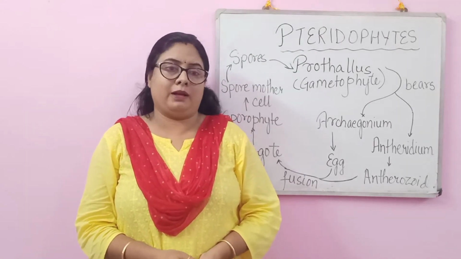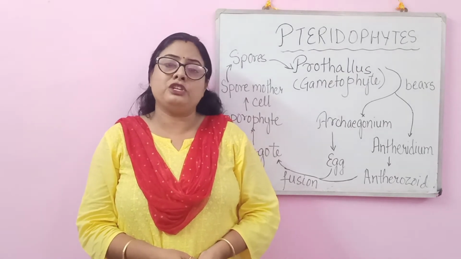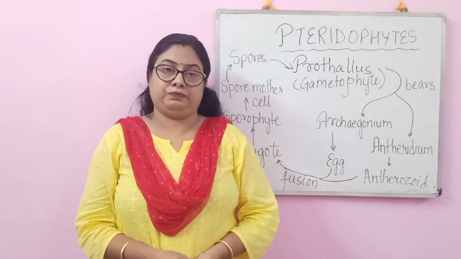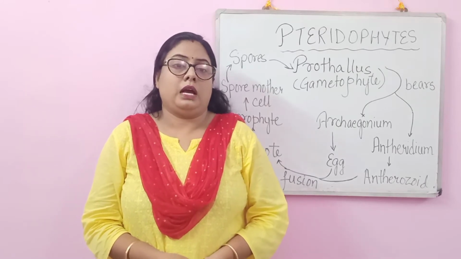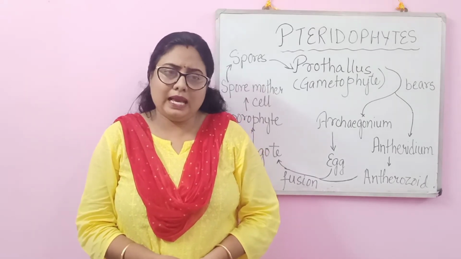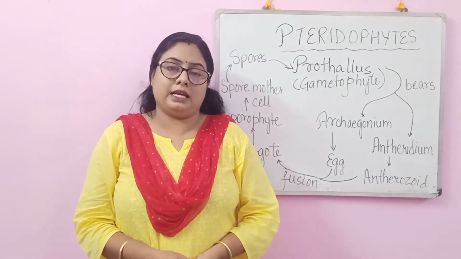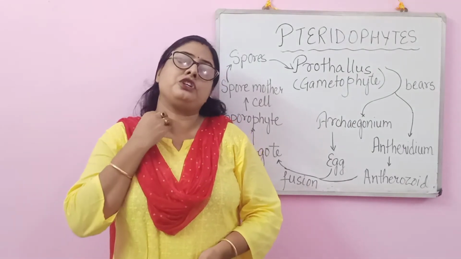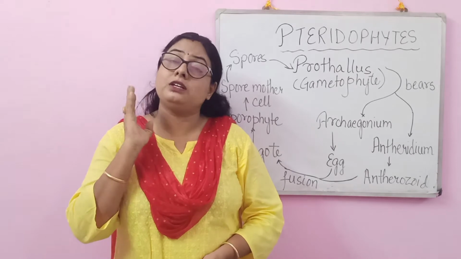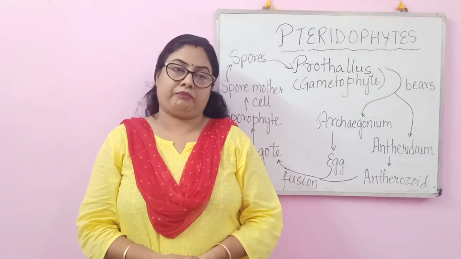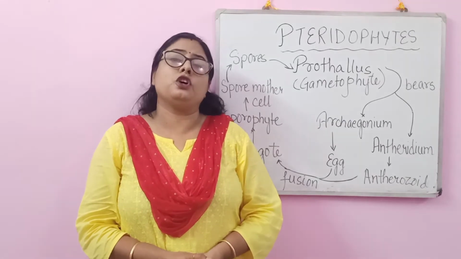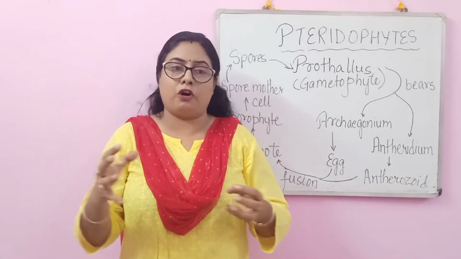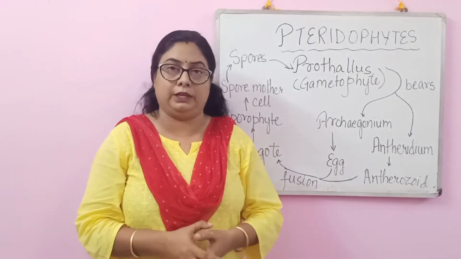The sporophylls are the sporangia-bearing leaves. In some cases, these sporangia occur in groups called sori. Yet in some other cases, the sporangia may form cones or strobili.